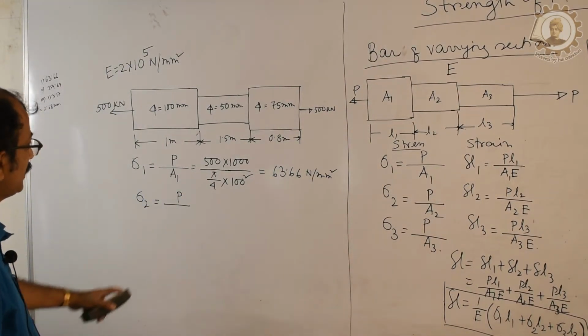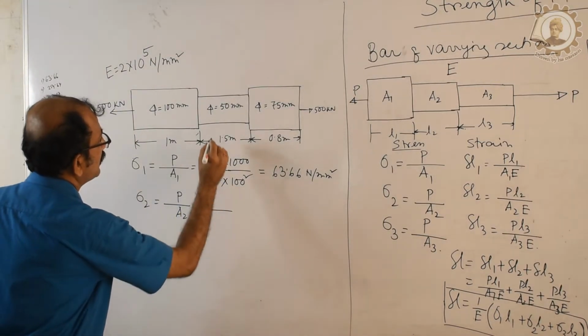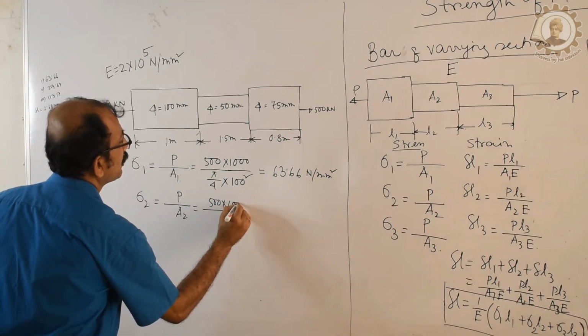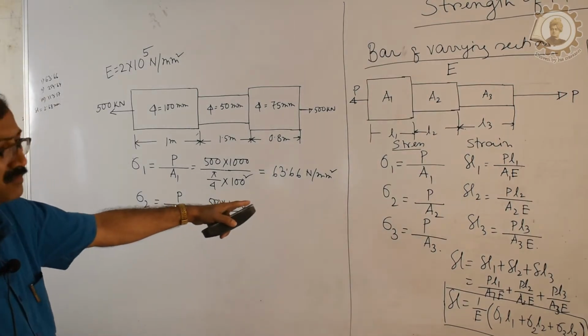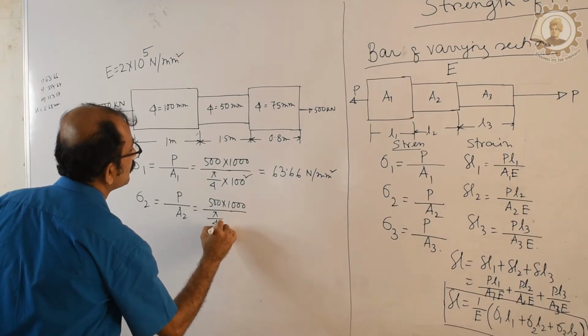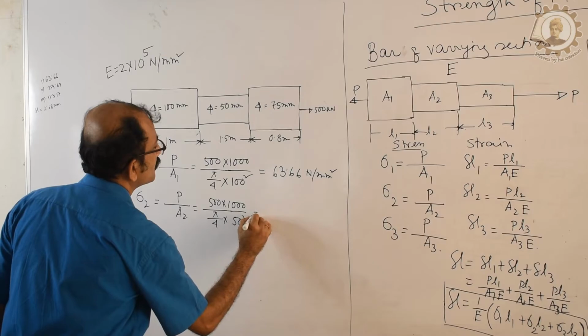Similarly, in the case of the second one, that is sigma 2, the same formula we have to apply, that is P by A2. Here P equals 500 kilonewton multiplied by 1000, that will be converted to Newton. Cross sectional area pi by 4 into d square, that is 50 square.